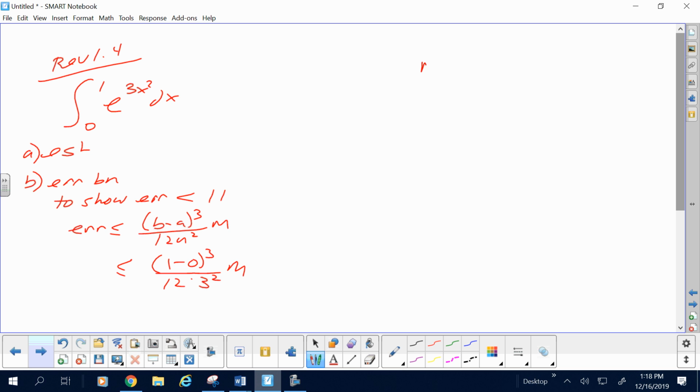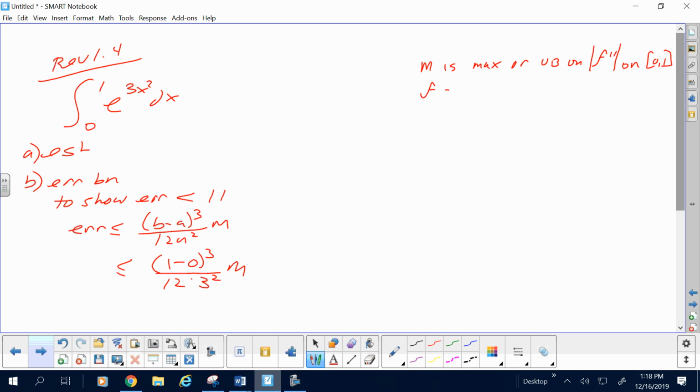Now, M is thought of on 2 levels: a max or an upper bound on f double prime on the interval. That's the absolute value of f double prime on 0 to 1.